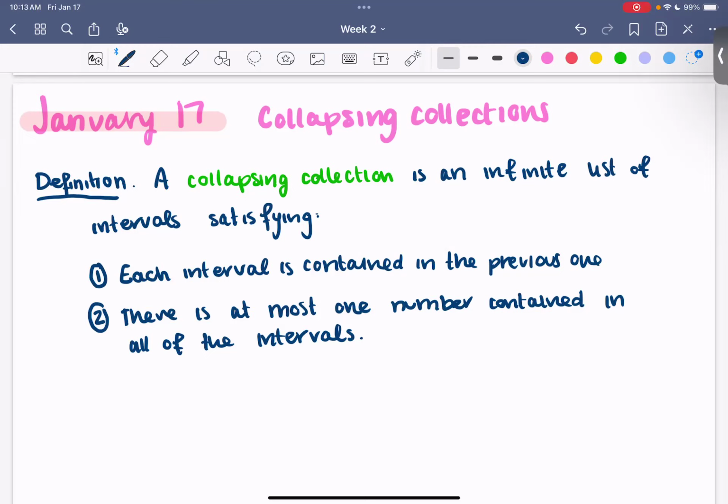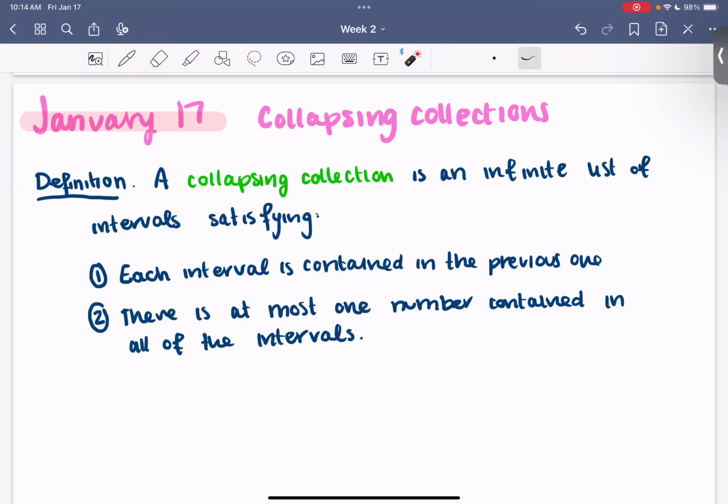In that case, that one number in the middle will be contained in all of the intervals. And the other thing that could happen is your intervals could be shrinking towards one another, but they slow down at some point, and then there's an entire interval that's contained in every interval. That's what we're trying to avoid with this second condition, right? So we're going to have either 0 or 1 numbers contained in all of the intervals.